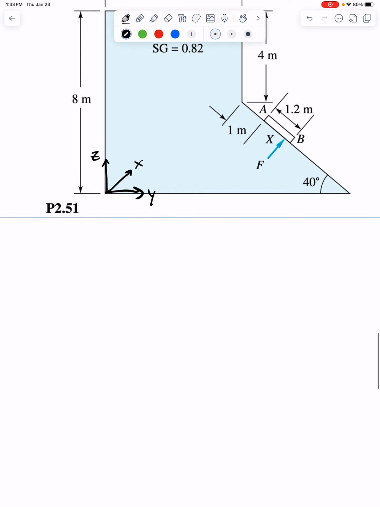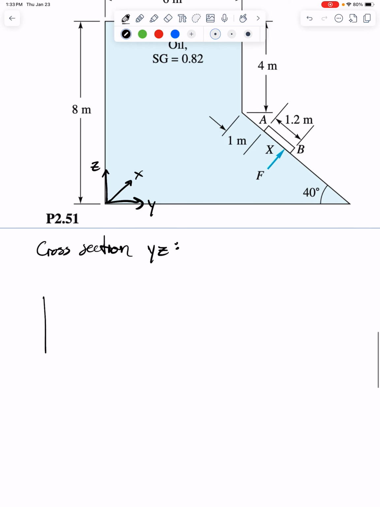Okay, looking at this cross section. So we have the surface of the water at the top.